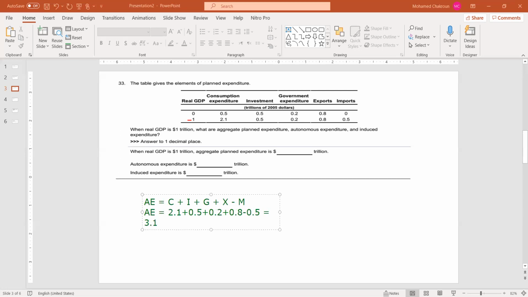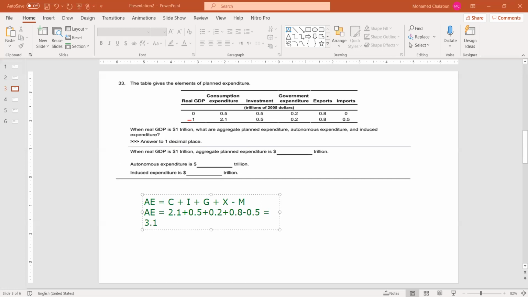Now, what is autonomous expenditure? This is a difficult question for those who don't know the significance of autonomous expenditure. Remember that autonomous expenditure is the part of aggregate expenditure that doesn't depend on real GDP.